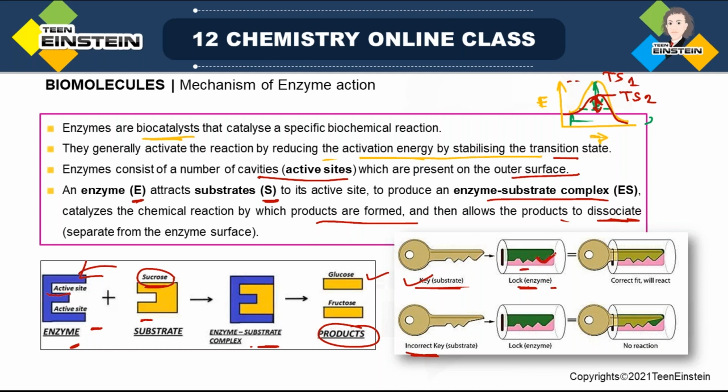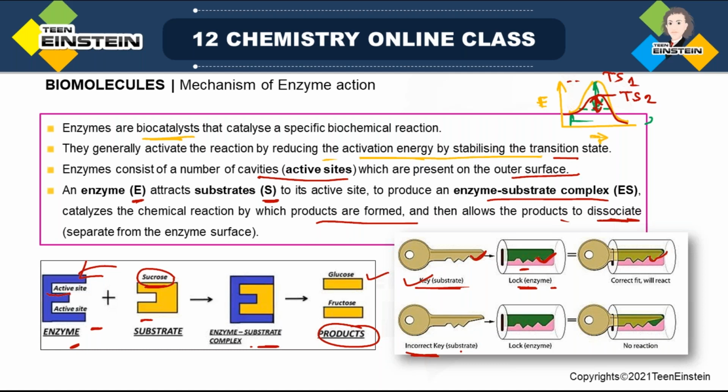But if you look at this part, this green color part is actually the empty part where the key will fit. So it is completely matching with this. Now when the key is inserted, it is matching. But if there is no such matching, it cannot fit properly. So the key cannot be inserted, right?